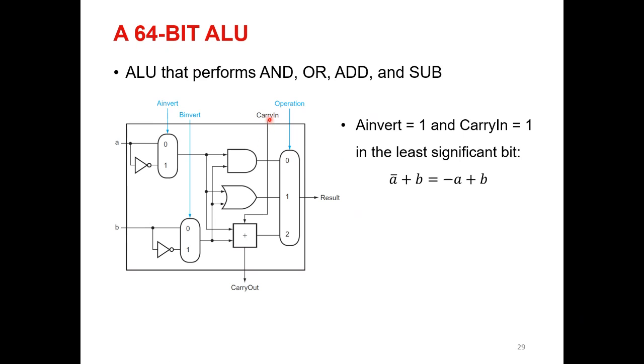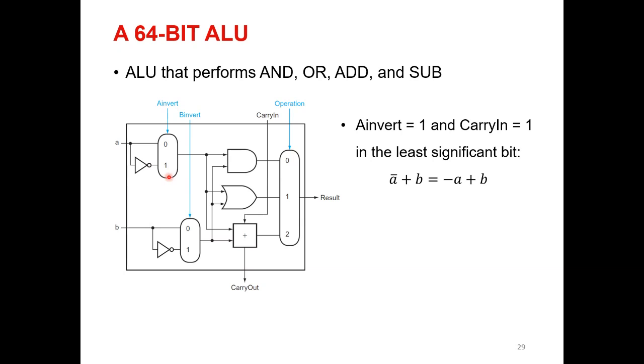We are using the carry in of the initial addition to add this 1. With this, we negate this value and have its two's complement. So if a invert is 1 and carry in is 1, it means that we are negating a, and that means that we can do a subtraction of minus a plus b.